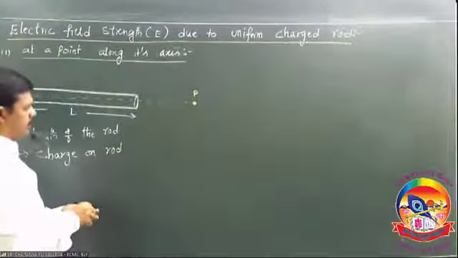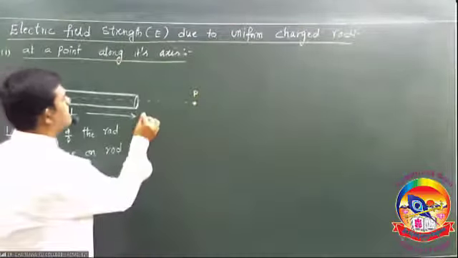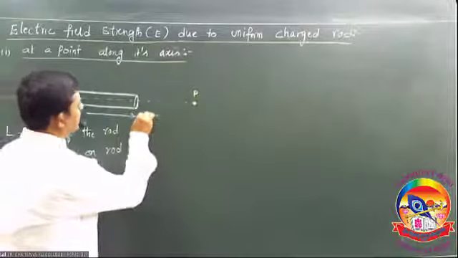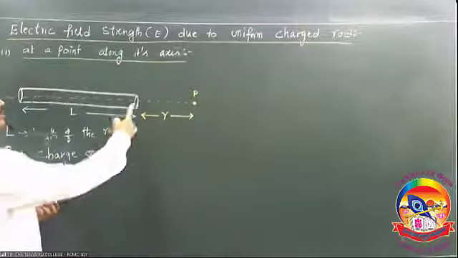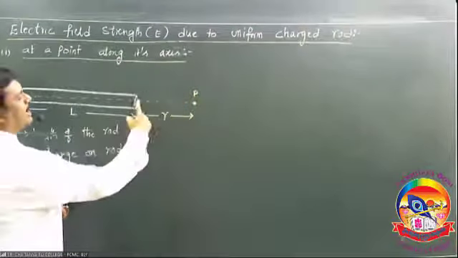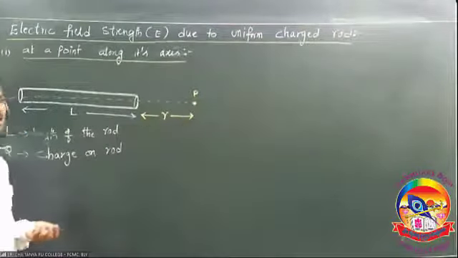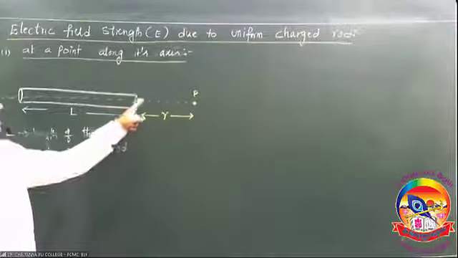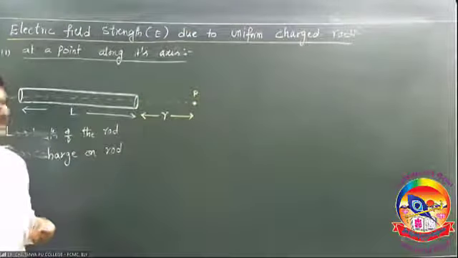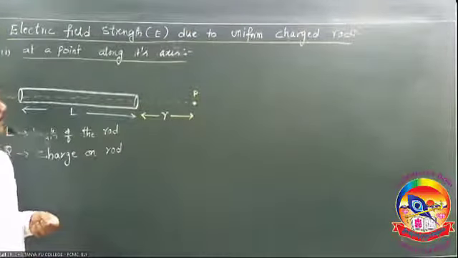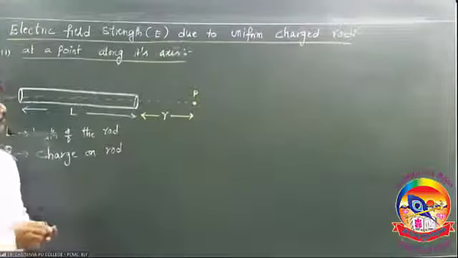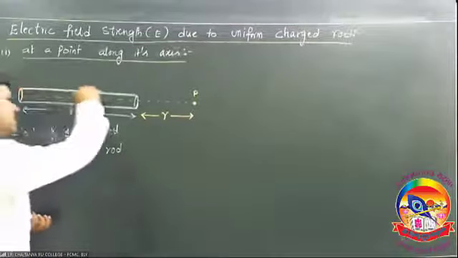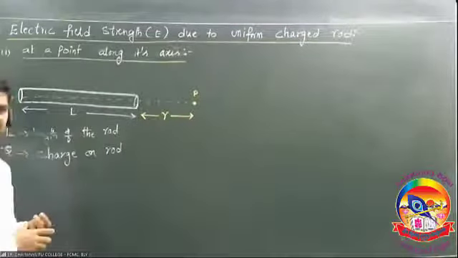This point is at a distance R from one end of the rod, near end of the rod. R is the distance from the near end of the rod, right? We had to find the intensity of electric field at this point. This is not a pointed one.